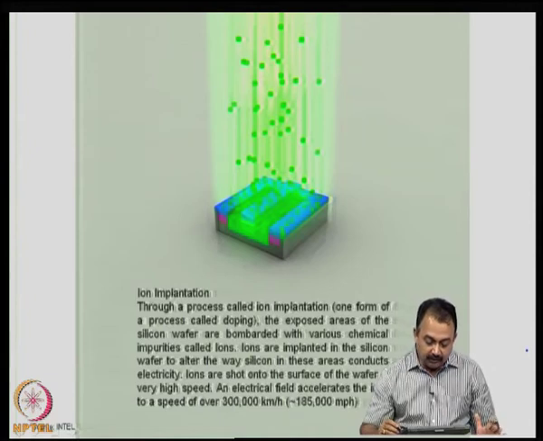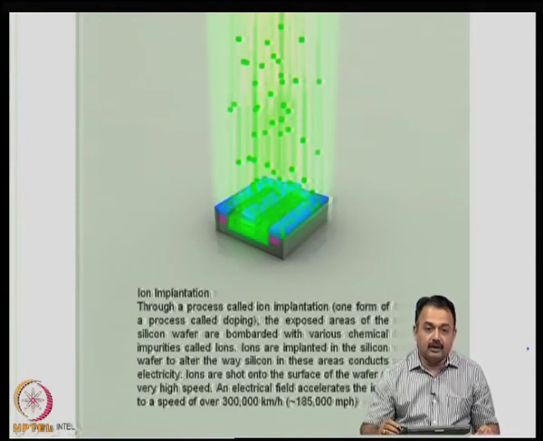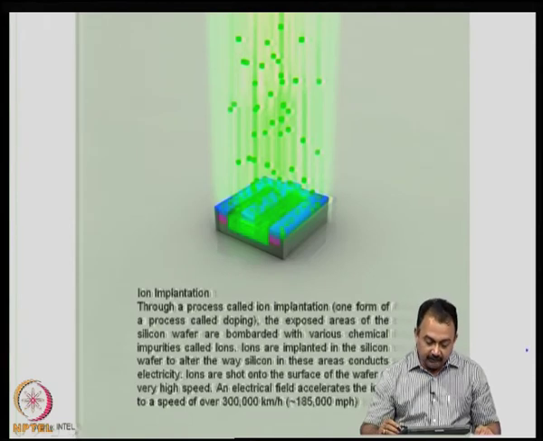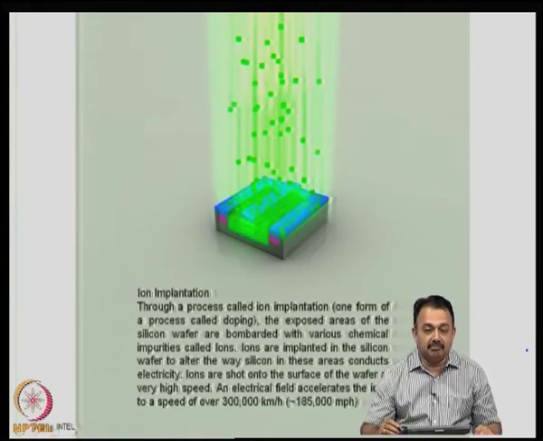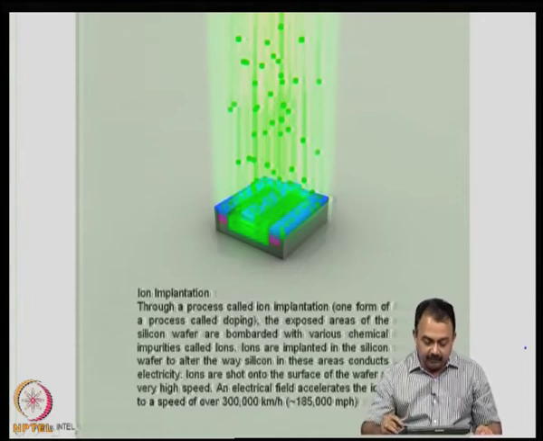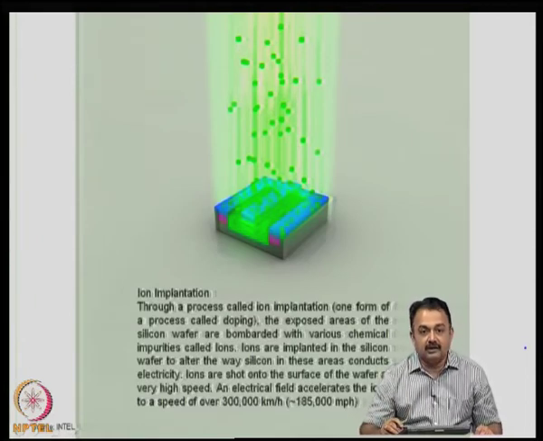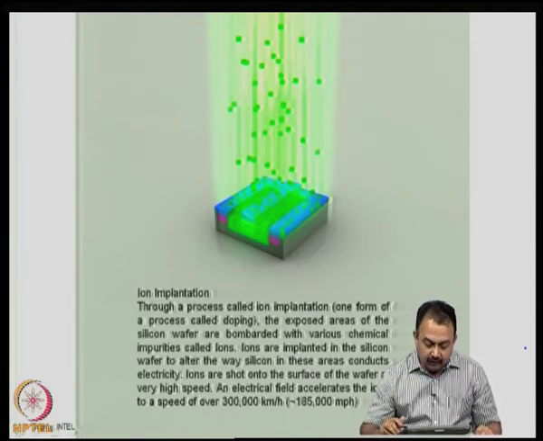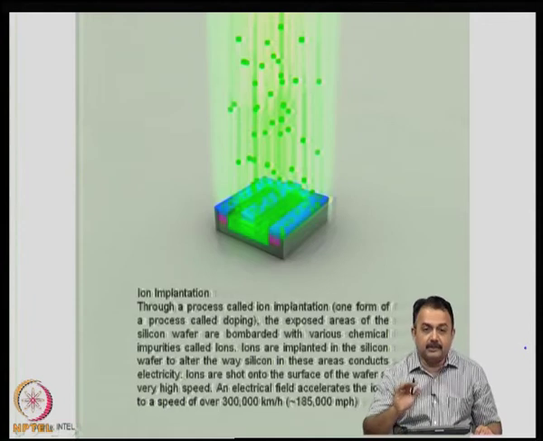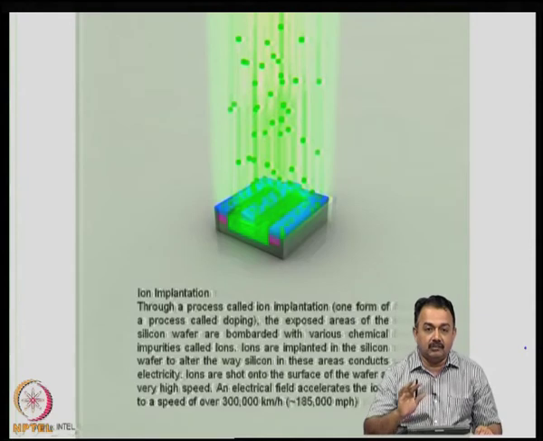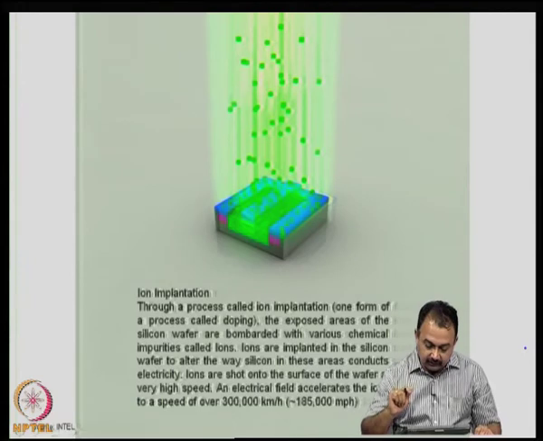Basically, you require bombarding of these ions onto the surface of the silicon wafer. And therefore, these ions during this process are implanted into the silicon wafer to alter the way the silicon in these areas needs to conduct the electricity. Therefore, this is very specific. This is specific to the areas that are exposed. The areas that are covered by the photoresist are not altered, they are not affected.